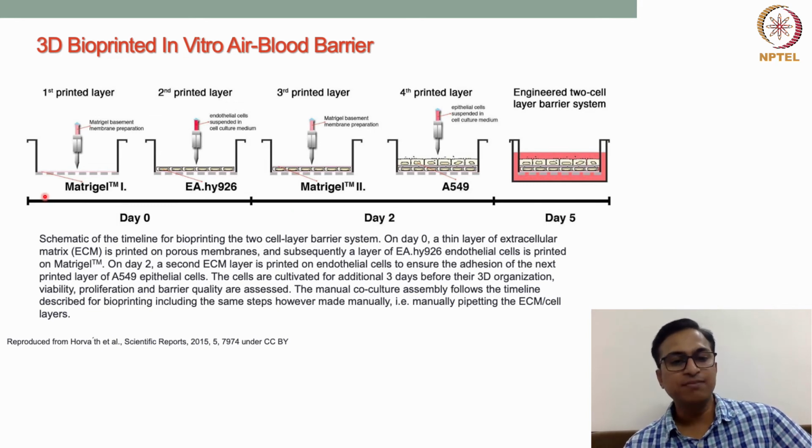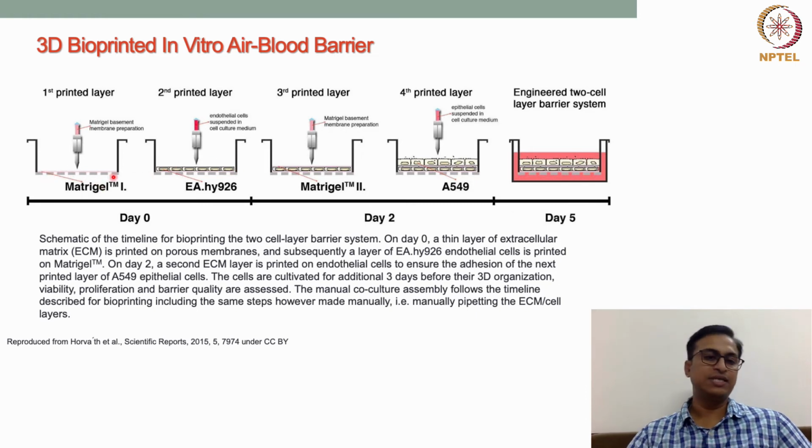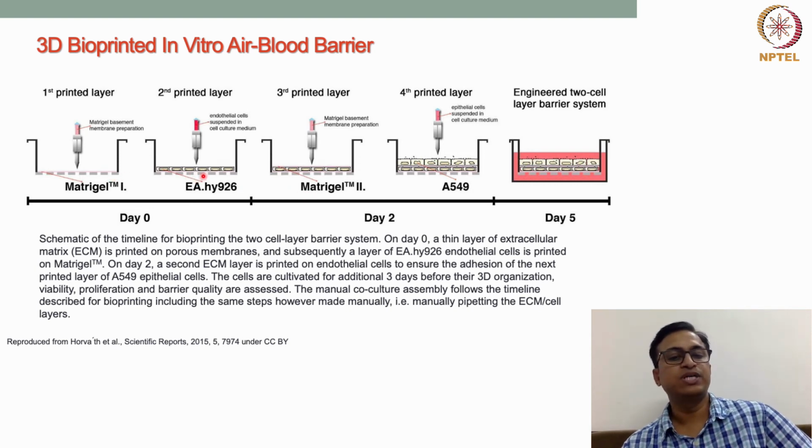Similarly, they followed the same process, but they did not bioprint; they manually seeded the cells. So the material layer was first seeded, and on top of that the endothelial cells were seeded, and then they waited 2 days for the endothelium to grow and form a monolayer.